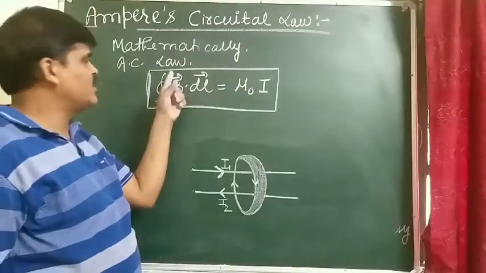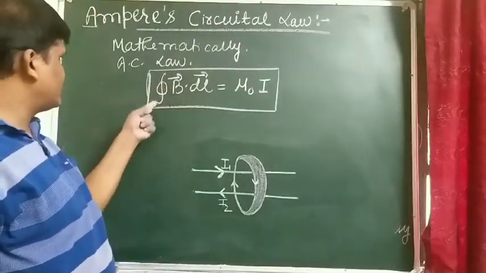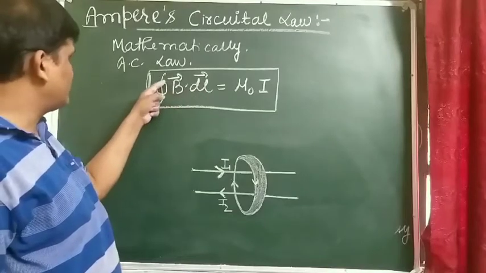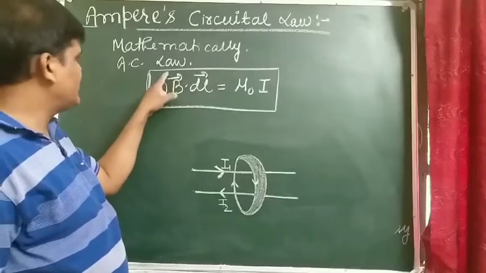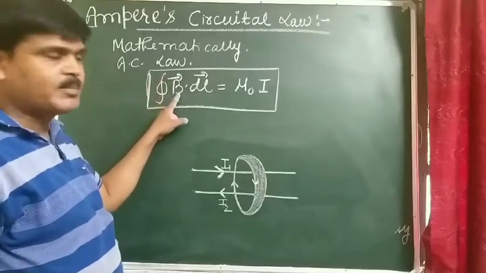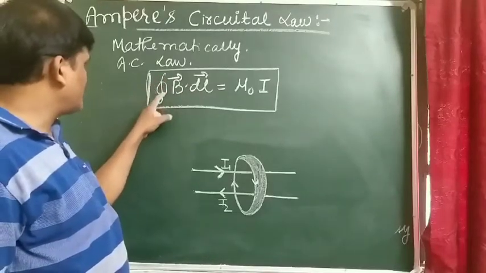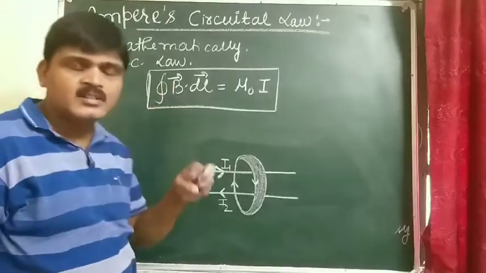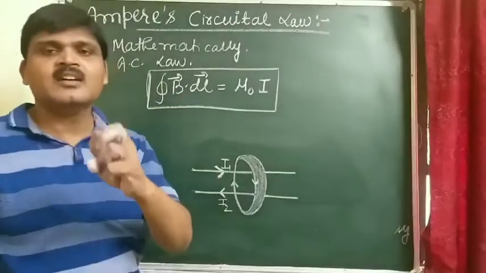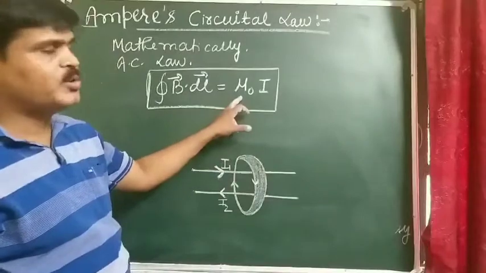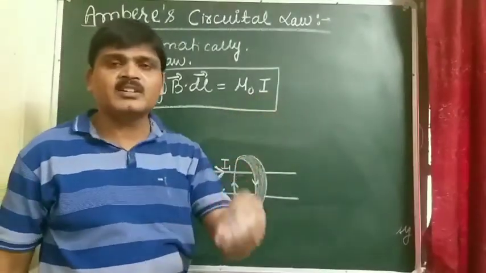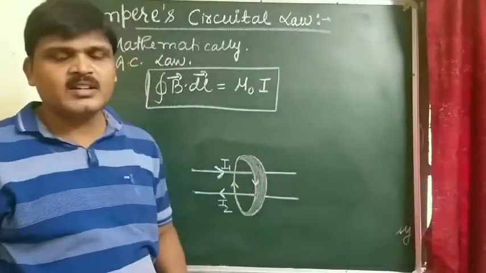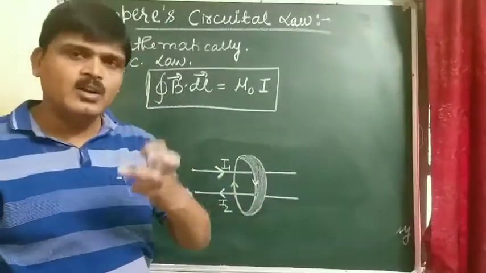The line integral of magnetic field around a closed circuit or path or loop is equal to mu naught times the total current passing through that closed circuit or path or loop.